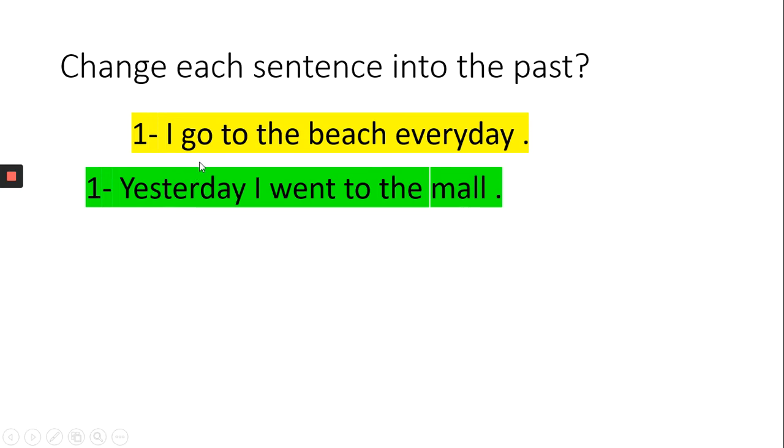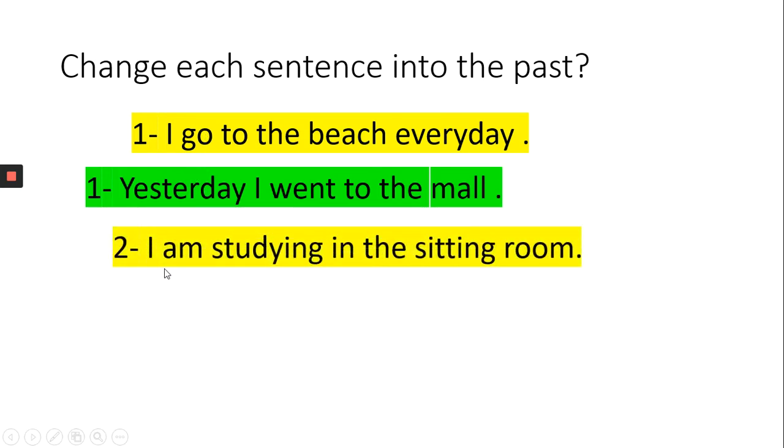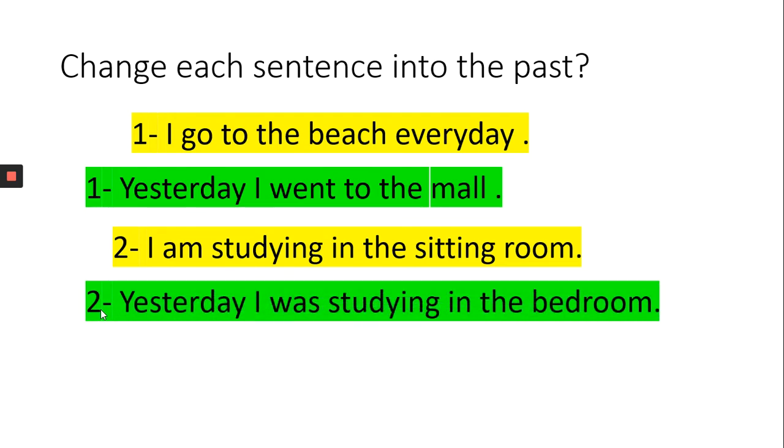Okay? What about the second example? I'm studying in the sitting room. You can see the verb. Here we have the verb. The answer is yesterday I was studying in the bedroom.